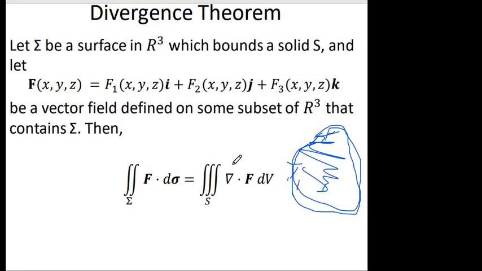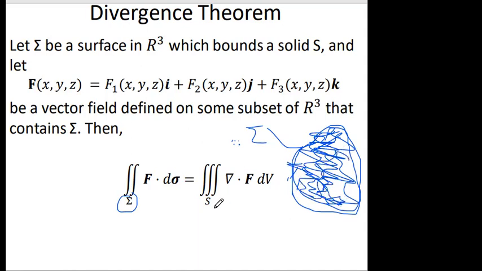You add up the flux locally, at a point, throughout this entire volume. S is the solid, and sigma is the surface, right?